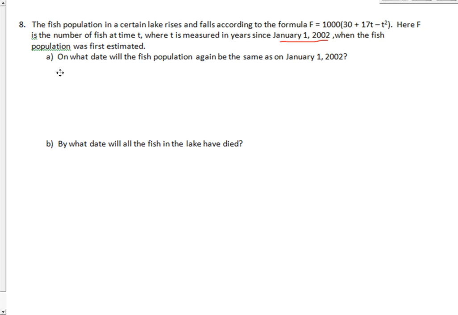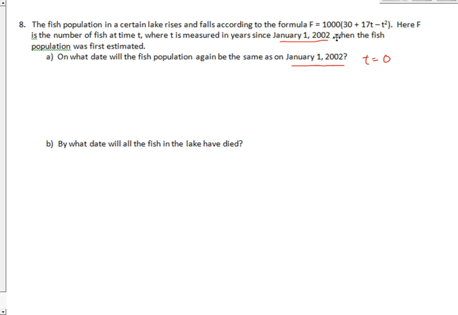So when they ask us on what date will the fish population again be the same as on January 1st of 2002, they're telling us that we want to know what we started with in our fish population at time equals 0. So when we first started estimating the fish population, time is equal to 0.